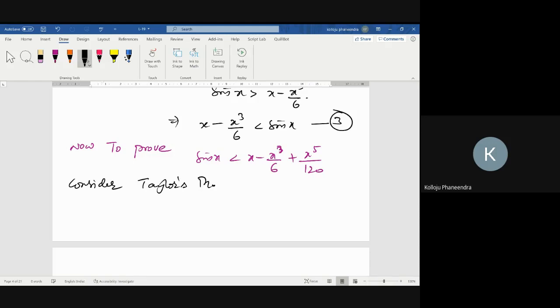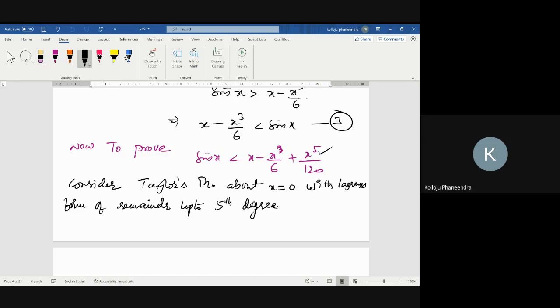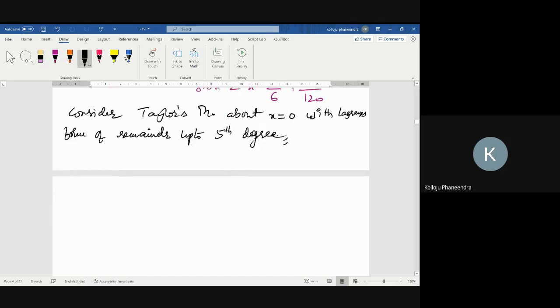Consider Taylor's theorem about x equal to 0 with Lagrange's form of remainder, up to what degree? Fifth degree. Up to fifth degree. So what is the expansion now?